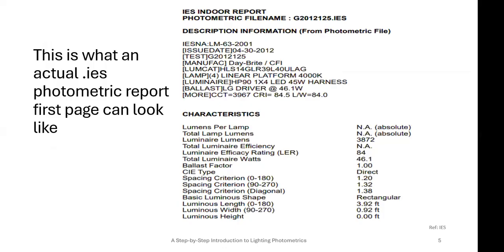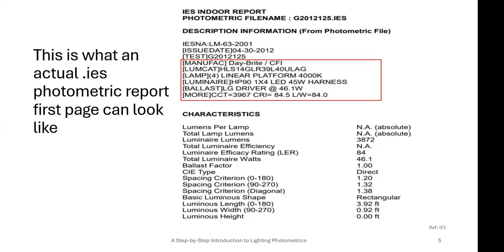Now, this gives you an idea of some of the categories that we talked about before. The first one is all the definitions and data that you'll see up top: the name of the luminaire, what the wattage is, some of the characteristics, who the manufacturer is, and so forth.